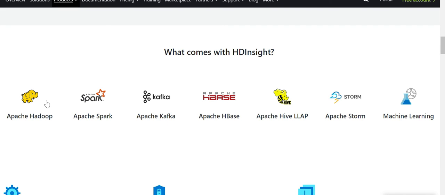These are the products that come with HD Insight. You have Hadoop, which is majorly used for large data storage, and Hive LLAP, which is used for interactive, fast queries on large data sets, structured or non-structured. Machine learning can go through those large data sets and perform analysis. And Kafka is for real-time streaming of data.